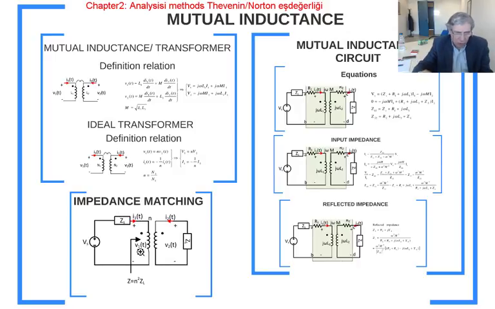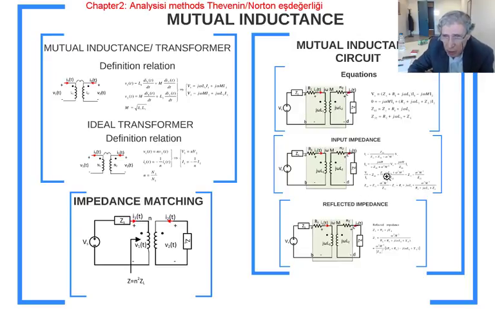You could do this calculation on your own at home. And on the right hand side here, there is a transformer, and there is a load here, and before that circuit, there is a Thevenin equivalent of the previous stage.